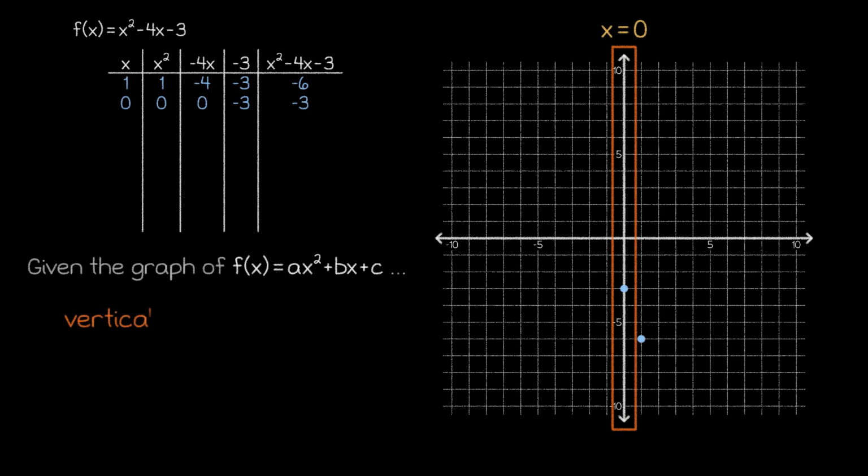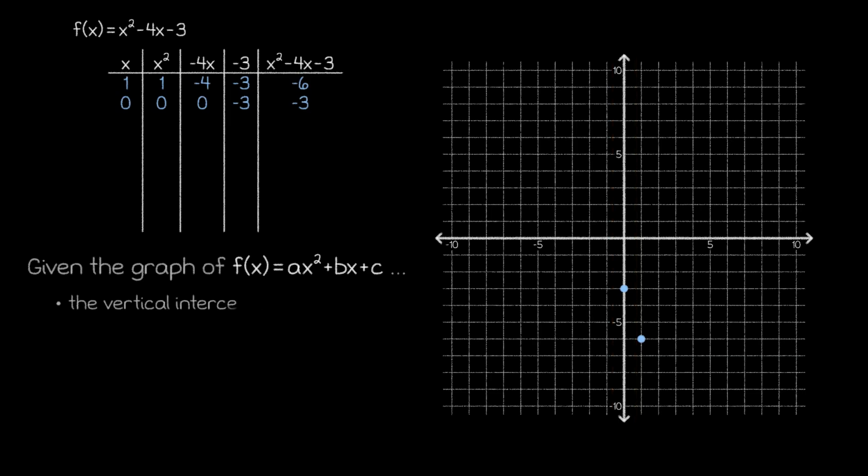This means that if we want to find the vertical intercept, we just need to find a point on the graph where x is equal to 0, which is easy enough since x is the input. We can simply plug in 0 for x, and we'll get the output for our vertical intercept. Thus, in our general case, the vertical intercept is at the point (0, c).